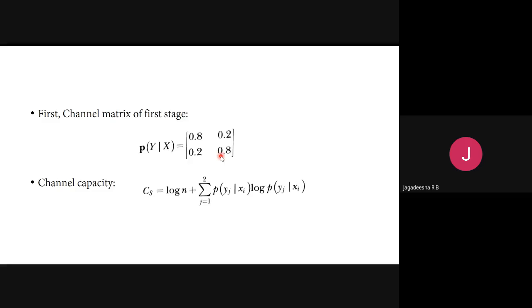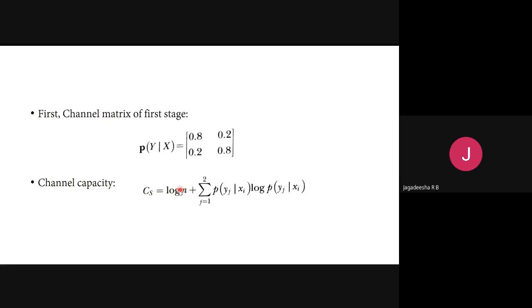Okay, then the channel capacity is given by this equation for a binary symmetric channel. So this we have seen earlier. So capacity is equal to log n plus the sum of the conditional probability of output times log of the probability, right? So this is the equation for the capacity of a binary symmetric channel.